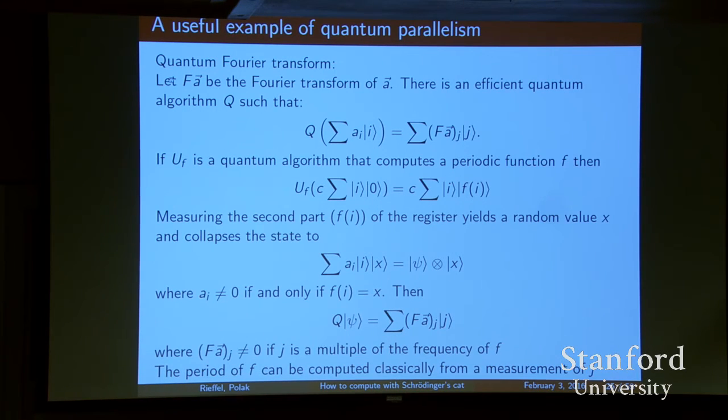Okay, so I'll show you a slightly more useful example, and it gets a little bit subtle here. There is a quantum Fourier transform, which is an efficient algorithm. Let me explain how it works, because it's slightly different from the use of f that I've shown you.